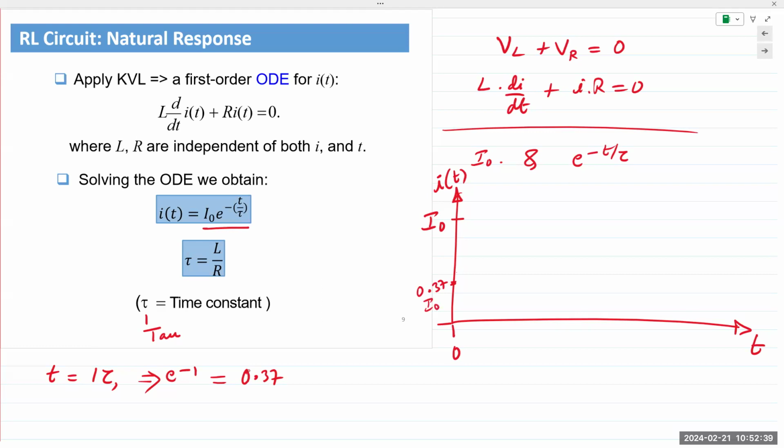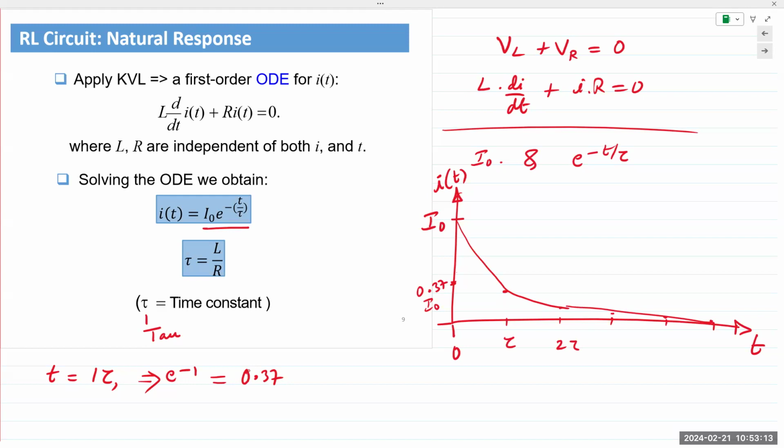So after one time constant, the capacitor loses 63.21% of its charge. More than half of its charge is gone after just one time constant. And so the value would be somewhere here. Let's say this is 1, 2, 3, 4, 5, and so on. So the value would be somewhere here, and then here, and here. And when you join this, you get something like this.